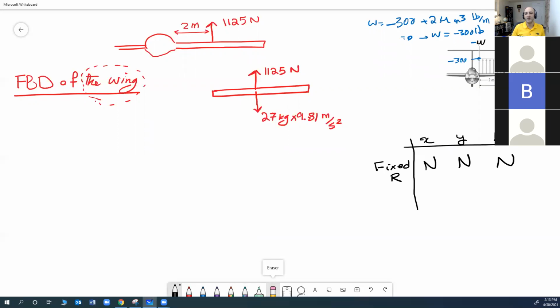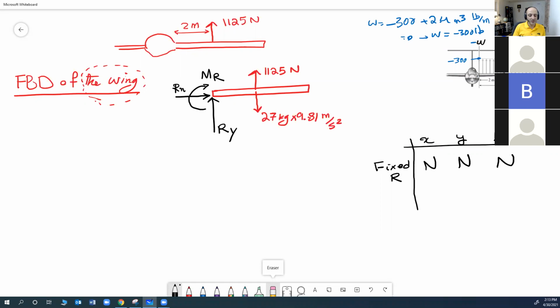If the wing moves in X or Y or rotates. So it's 3 no's, that means 3 forces: 1 in X direction, 1 in Y direction, and some moment. There we go. 3 equations, or sorry, 3 unknowns.